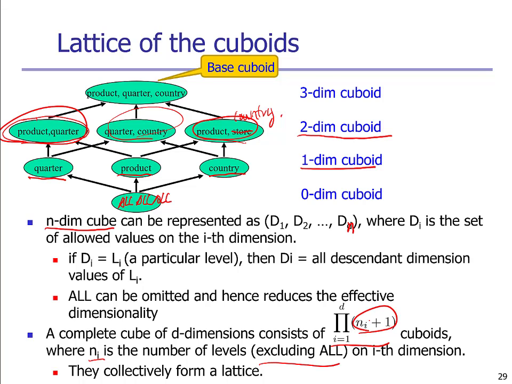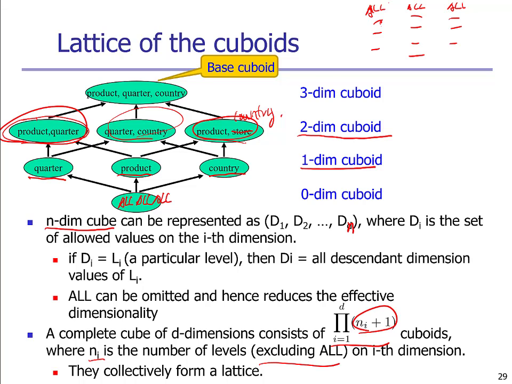So basically, for example, we have 3 dimensions, right? The first one has 3, the second one has 4, the third one has 3 different levels, including all. Okay, let's do it excluding all as well. So, all right.